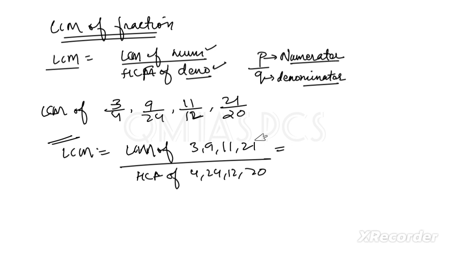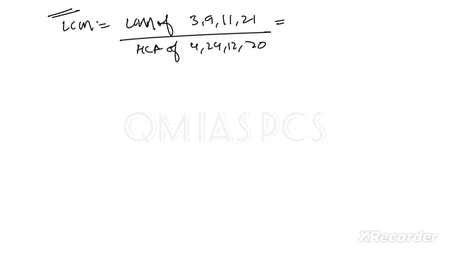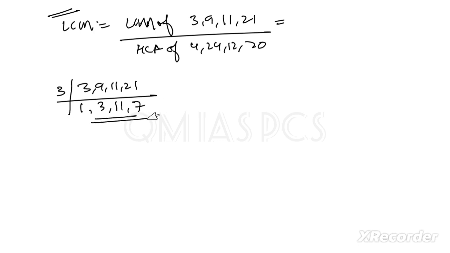So how to find this? Let's try the prime factorization method. If I do prime factorization of 3, 9, 11 and 21, first we divide with 3. So it will be 1, 3, 11, 7. Then all these numbers are prime numbers.